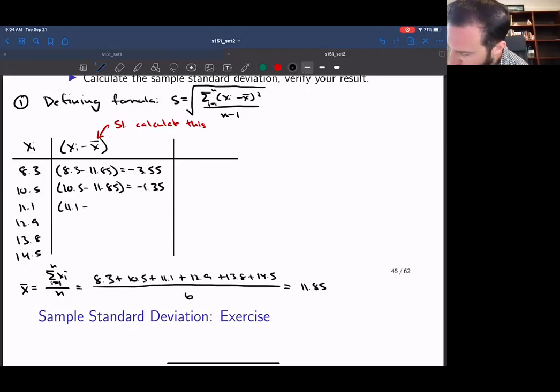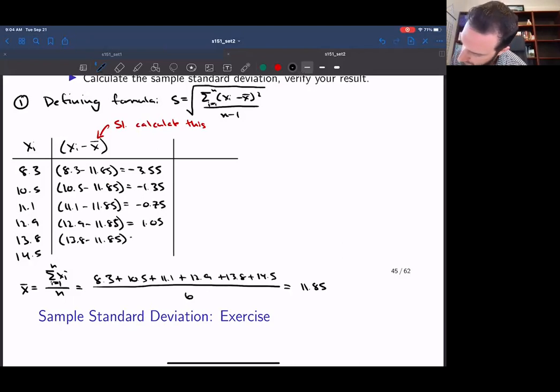And then 11.1 minus 11.85 is equal to negative 0.75. Then 12.9 minus 11.85 is equal to 1.05. Then 13.8 minus 11.85 is equal to 1.95. And then 14.5 minus 11.85 is equal to 2.65.